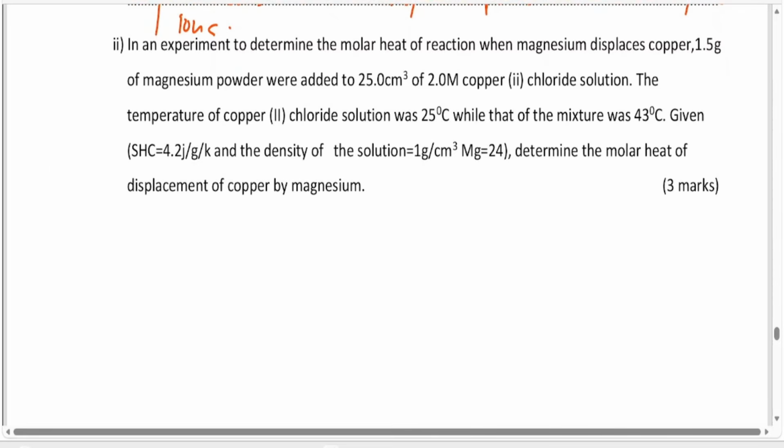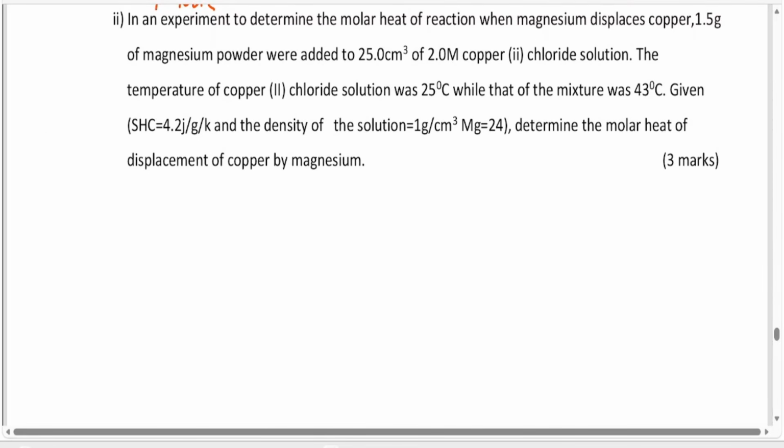Roman 2 of the question. In an experiment to determine the molar heat of reaction when magnesium displaces copper, 1.5 grams of magnesium powder were added to 25 cubic centimeters of 2 molar copper 2 chloride solution. The temperature of the copper 2 chloride solution was 25 degrees Celsius, while that of the mixture was 43 degrees Celsius.